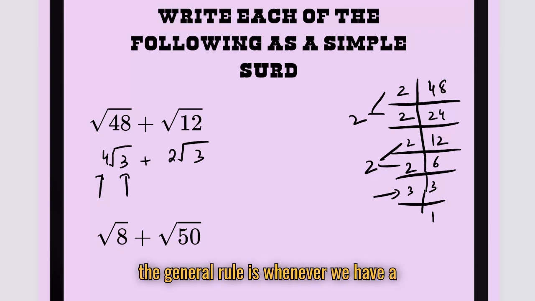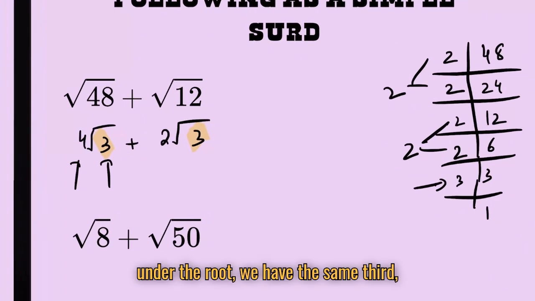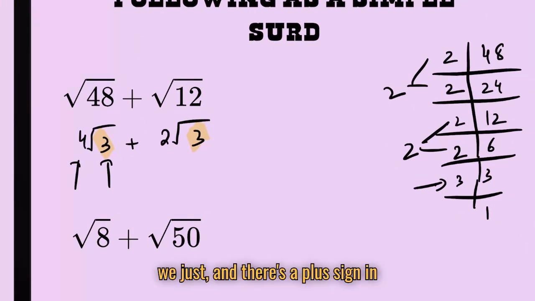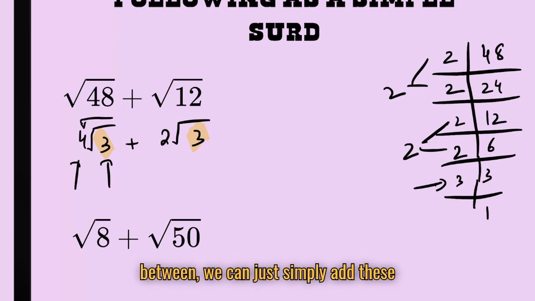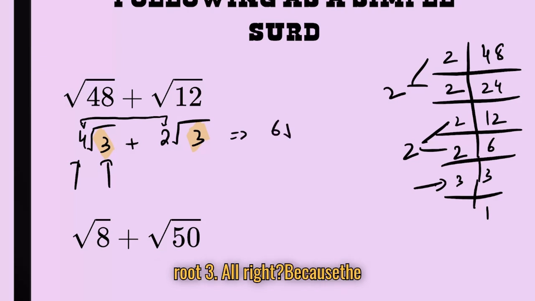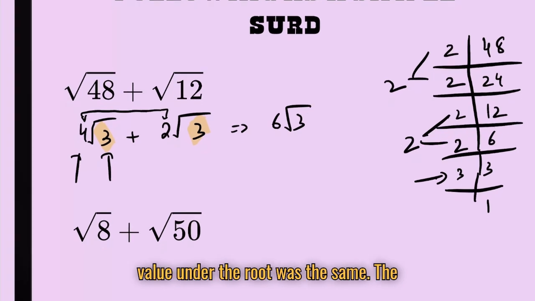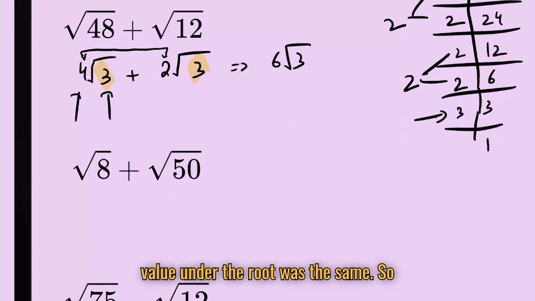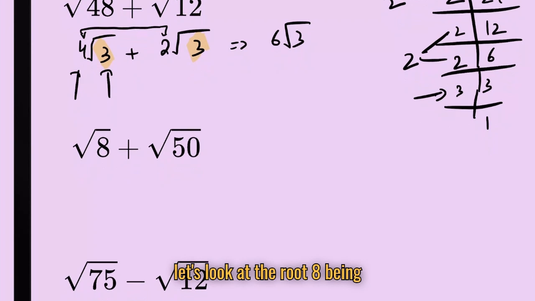So these pairs multiplied together got you a 4, and then 3 was the lone digit which stayed under the root. The general rule is whenever we have the same surd under the root and there's a plus sign in between, we can simply add these digits. So for the answer I'm going to get 6 root 3, because the value under the root was the same. So let's look at root 8 being added to root 50.